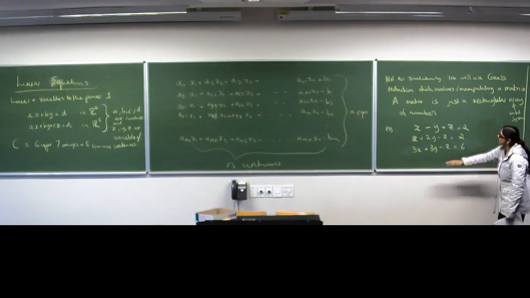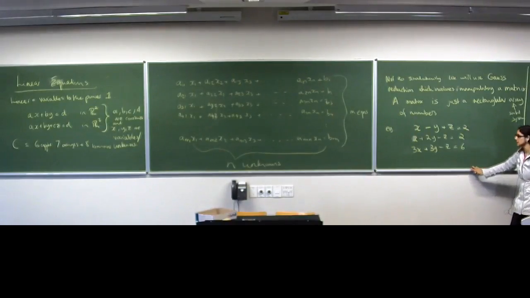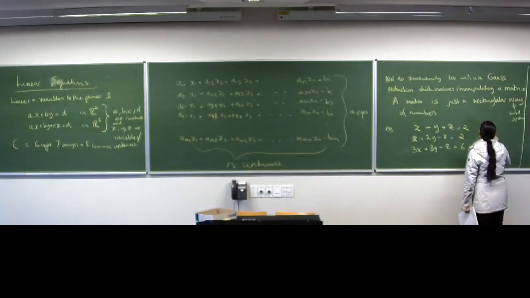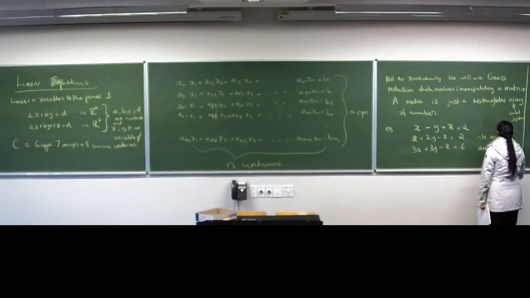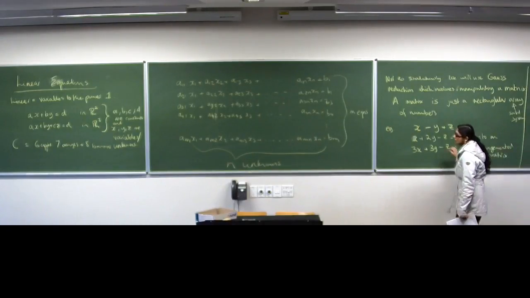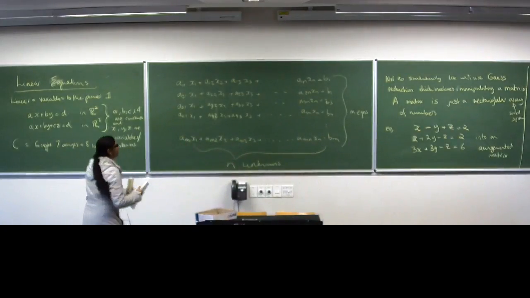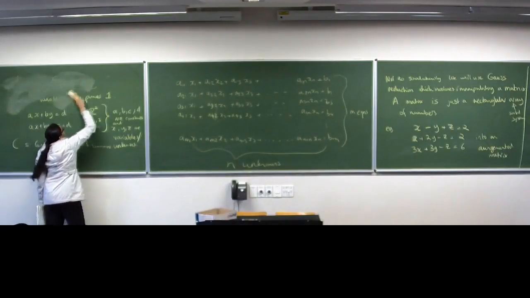So what we do is we take the coefficients of these values and we put it into an augmented matrix. All right? So let's go back to that board on the side. So we're going to put that into an augmented matrix.